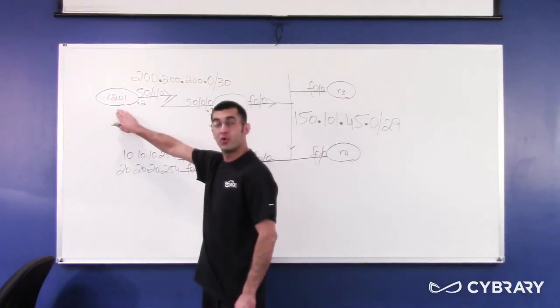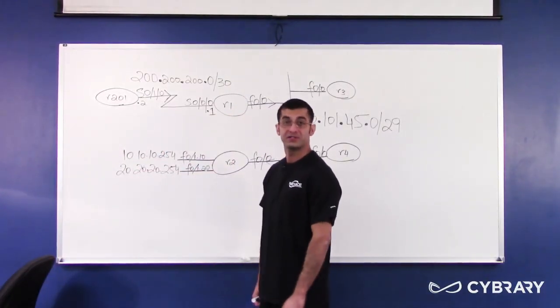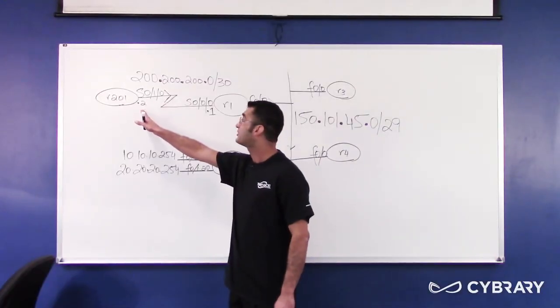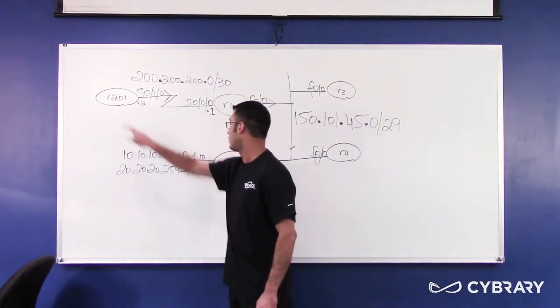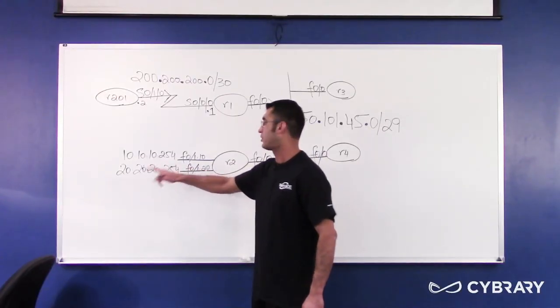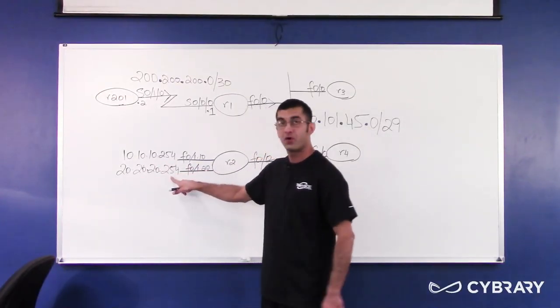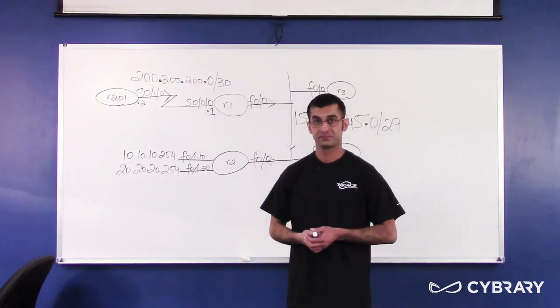So, as far as router 201 is concerned, network 10 and network 20 are remote destinations because they are not directly connected to router 201. So if we try to ping from router 201 to either 10.10.10.254 or 20.20.20.254 without having routes in the routing table, it's not going to work.